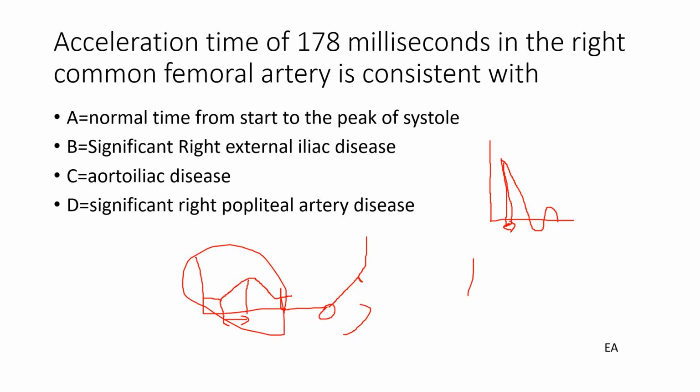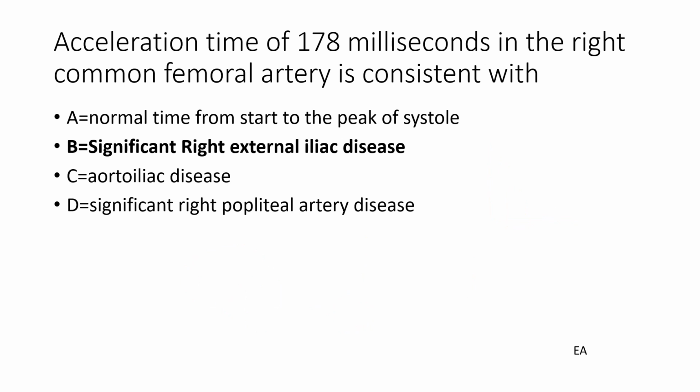So the answer is significant right external iliac disease, because for aorta iliac it should be bilateral, and for popliteal it is after the disease. The proximal artery is obstructed or stenosed, significant stenosis, not the more distal artery, popliteal.